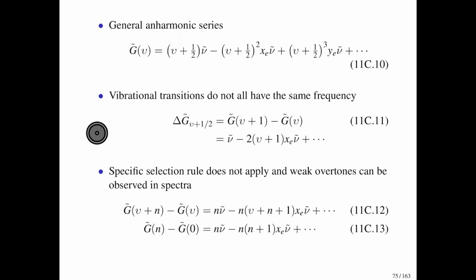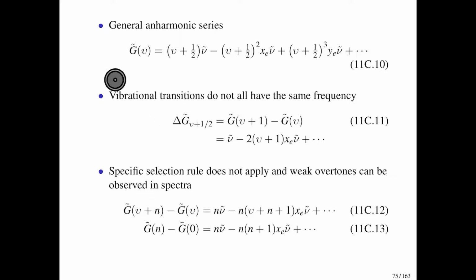Another consequence of anharmonicity is that the selection rules are weakened. While for the harmonic oscillator, the quantum number must change by only plus or minus 1, for the anharmonic oscillator, the quantum number can change by more than just one quantum. And so you can have what are called overtones in the spectrum. For example, going from quantum number upsilon to upsilon plus n, where n is greater than 1.